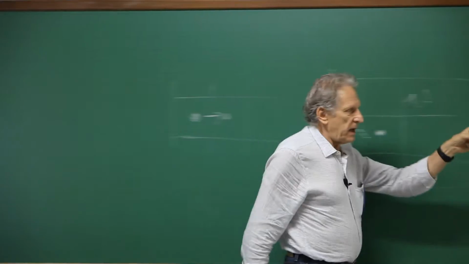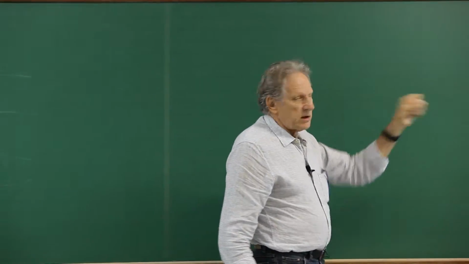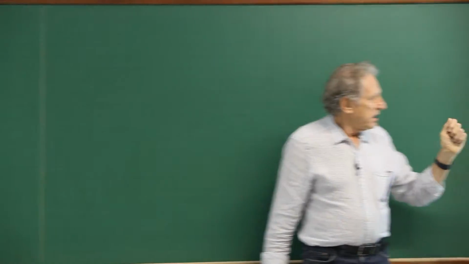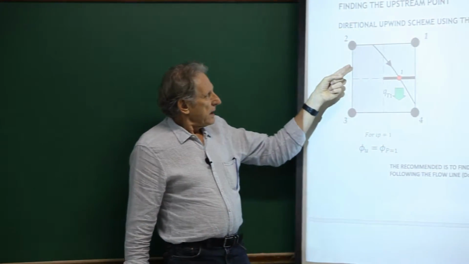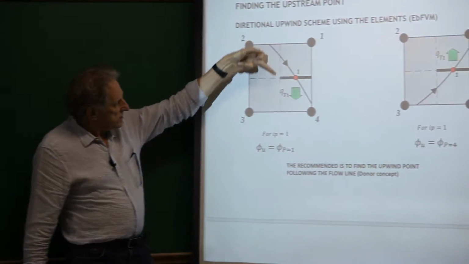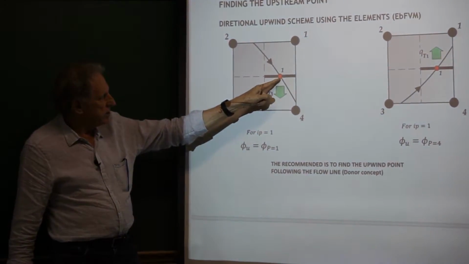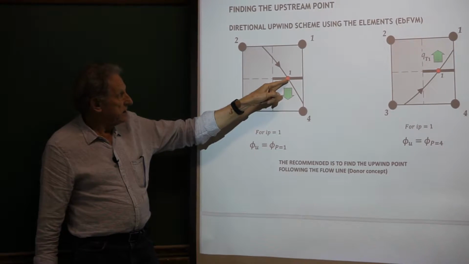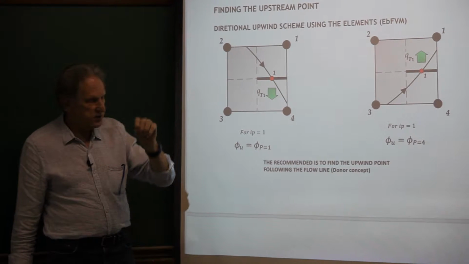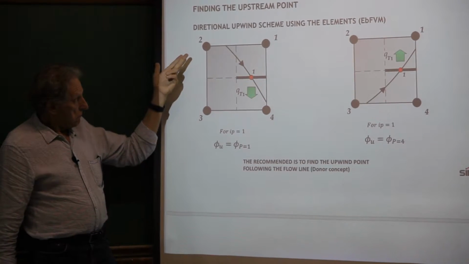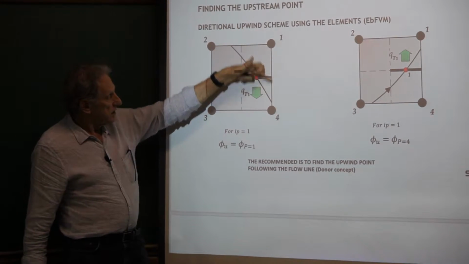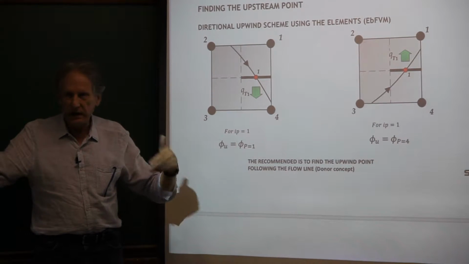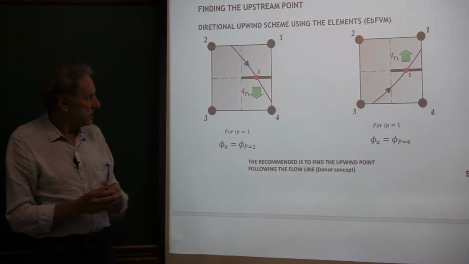We also saw this slide, and the flow comes in this direction, and this is the integration point where we want to have the value of phi, let's say the variable, calculated. The donor cell will be this one, if I use the normal way to say.